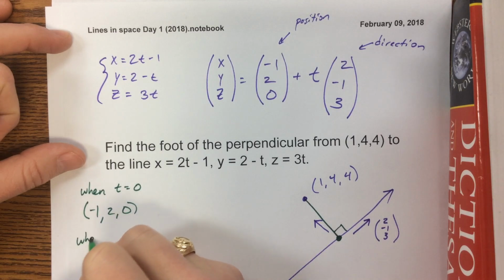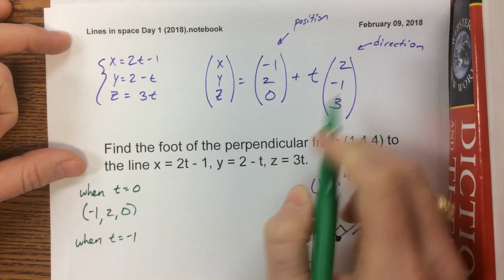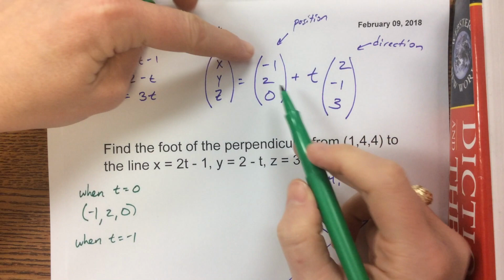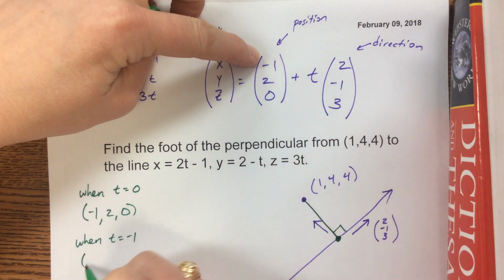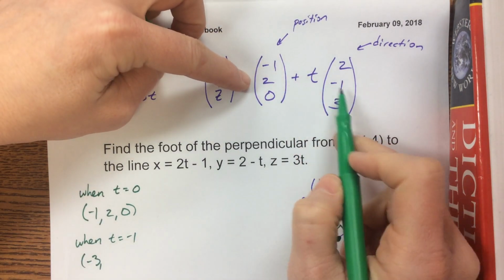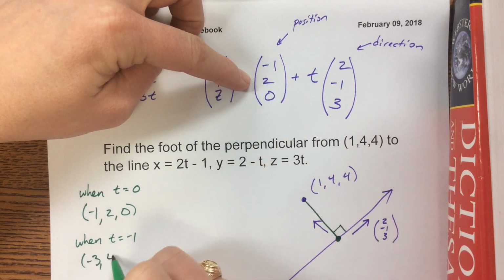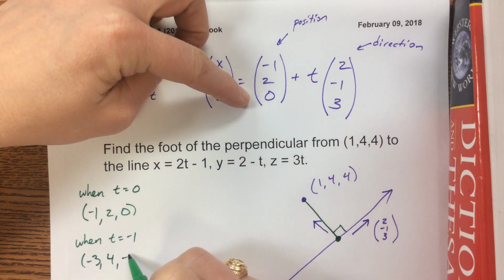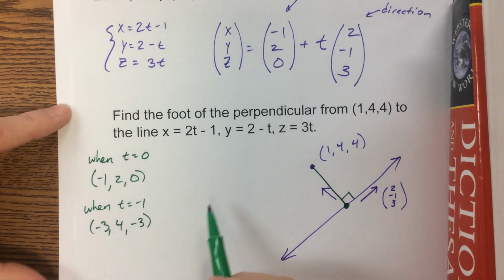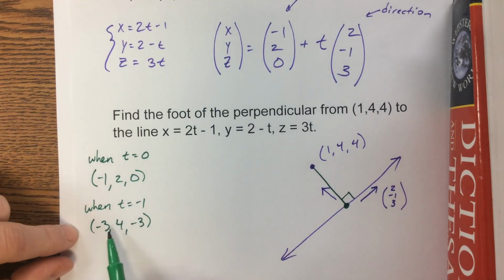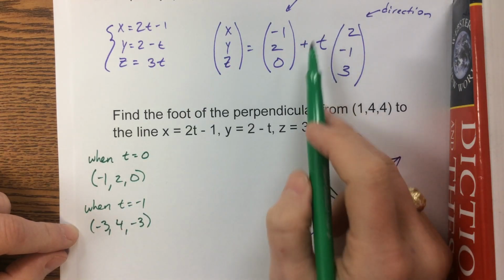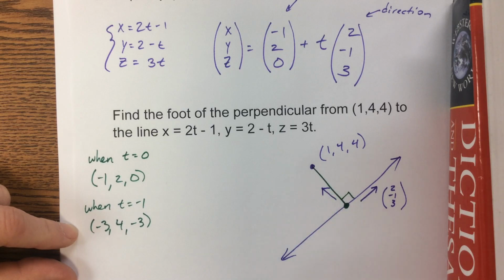Say when t equals negative 1. When I plug in negative 1, I'd have negative 1 minus 2, the point negative 3. Negative 1 times negative 1 is 1, plus 2 is 3, and that would give us negative 3. So we can plug in different values of t to find different points on this line.